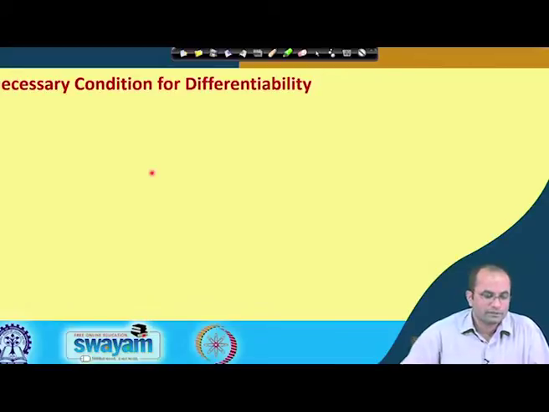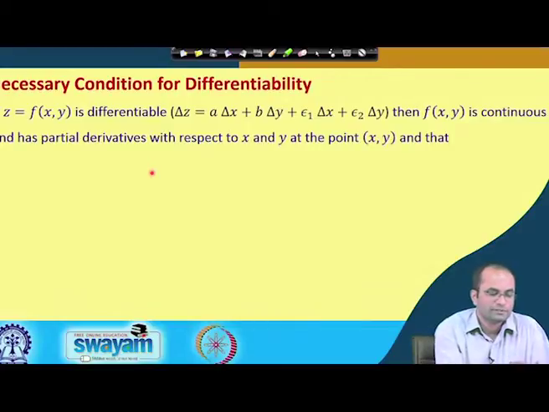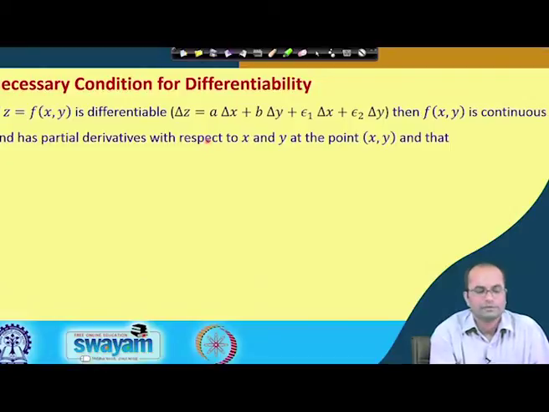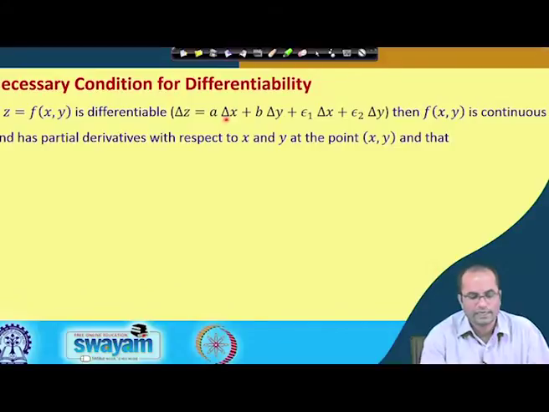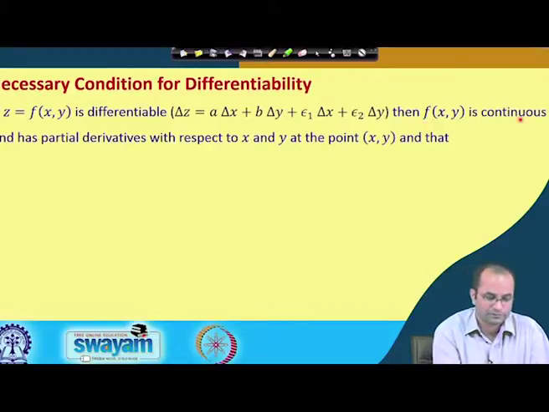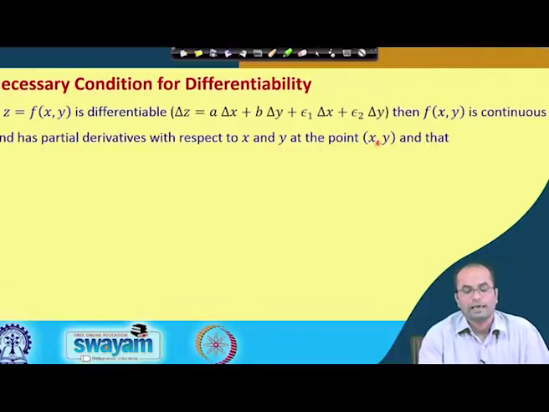So, what are the necessary conditions for differentiability? We will derive them now. If z is equal to f of x y and this function is differentiable, that means we can express delta z is equal to a delta x plus b delta y plus epsilon 1 delta x plus epsilon 2 delta y. Then we will show that the function is continuous and has partial derivatives with respect to x and y at that point where we are talking about differentiability.